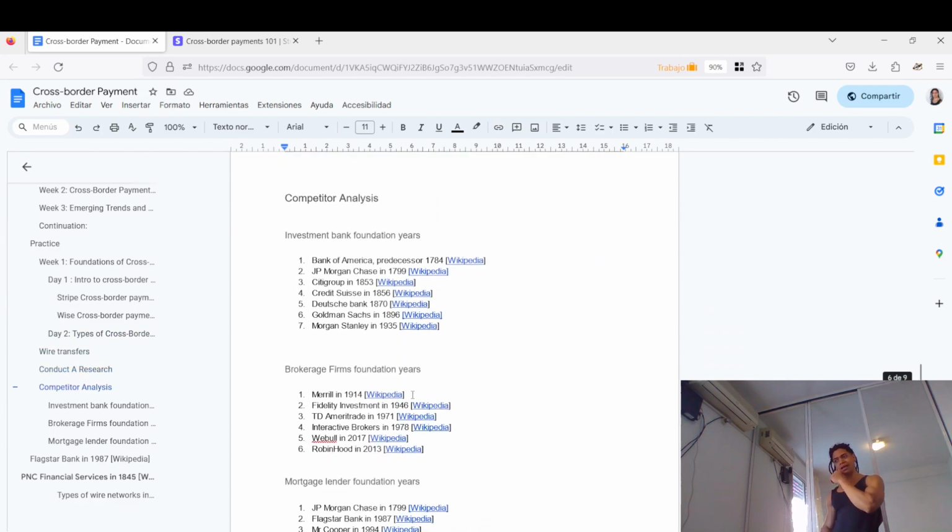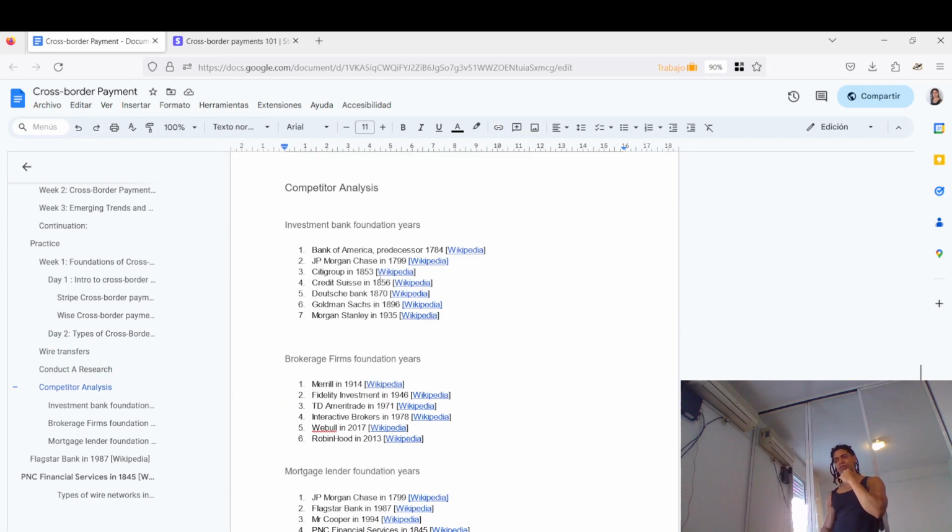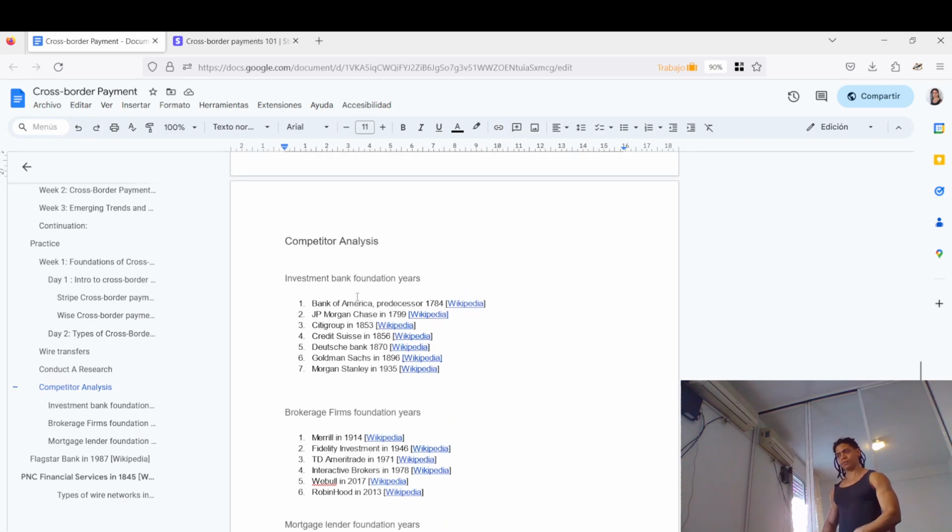I also make a quick recap of how old these institutions are. With investment banks, you have Bank of America, whose predecessor goes back to 1784. Holy fudge.